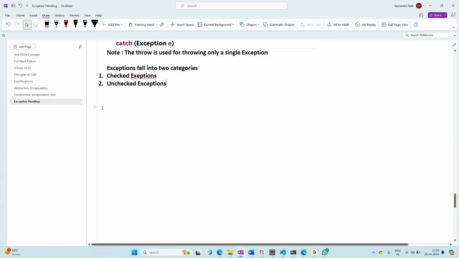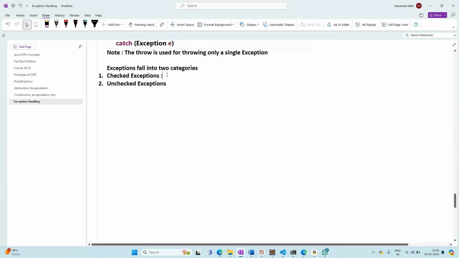So whenever I am talking about checked exceptions and unchecked exceptions, the exceptions are going to be checked and unchecked.